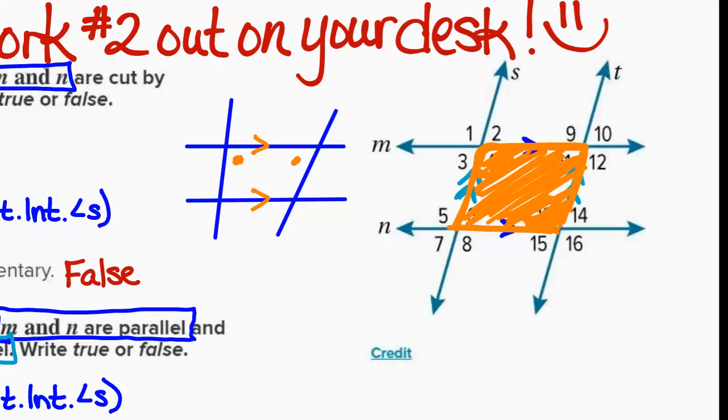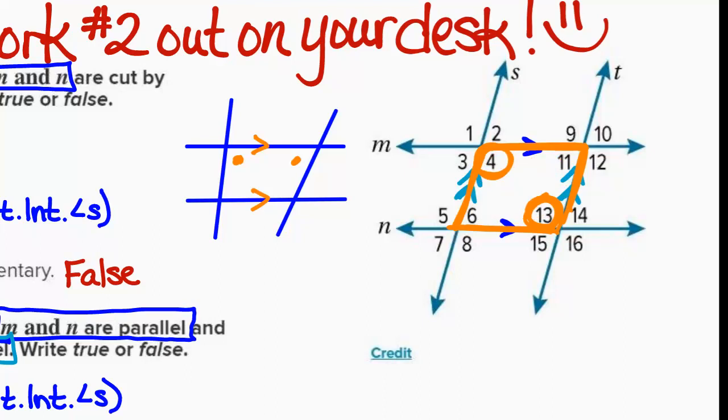How many sides does that inside shape have? It has 4 sides. So one name for it could be what? Quadrilateral. It's a parallelogram. Look at the top and the bottom. They are parallel to each other. And the left and the right are also parallel to each other. So this inside shape here is a parallelogram.